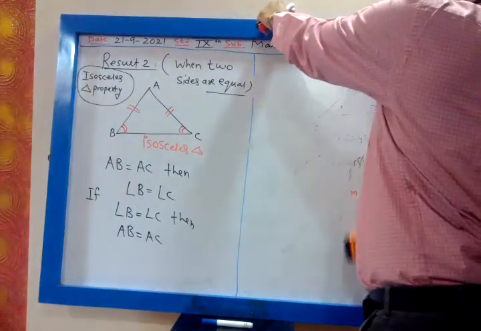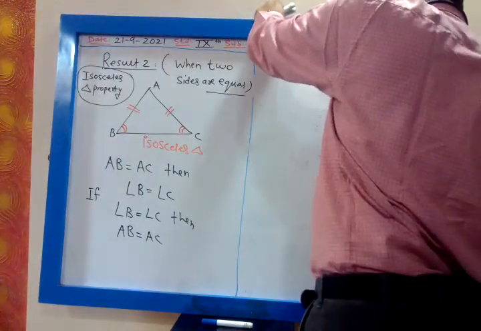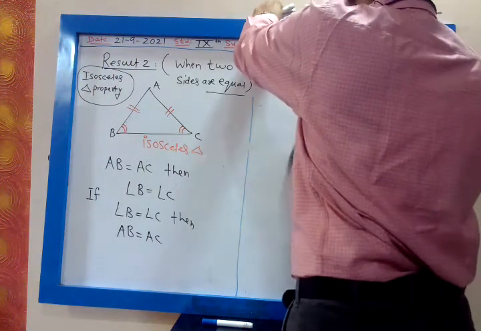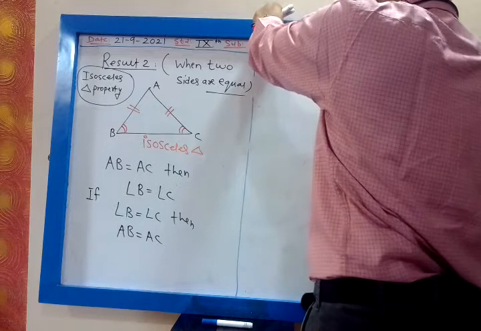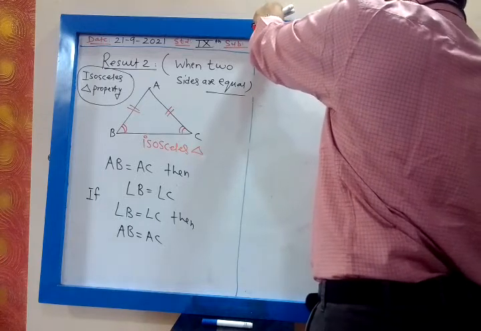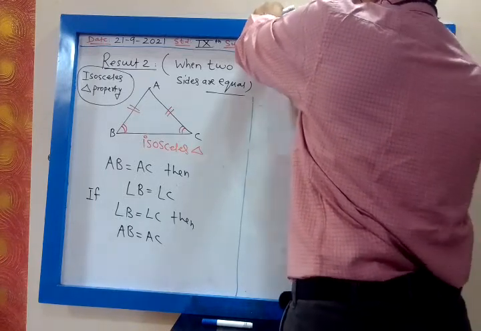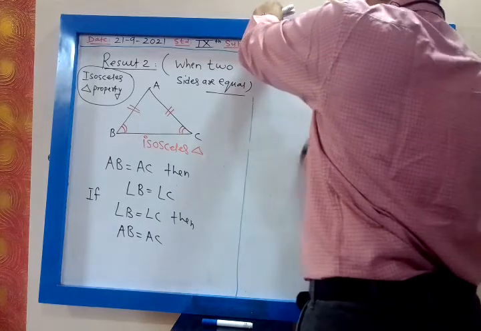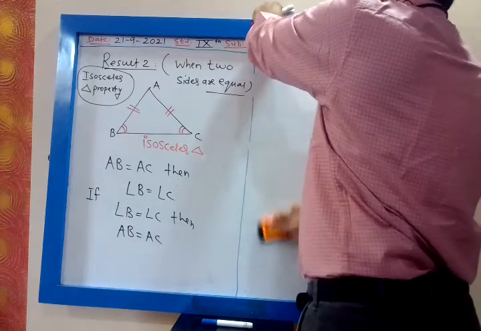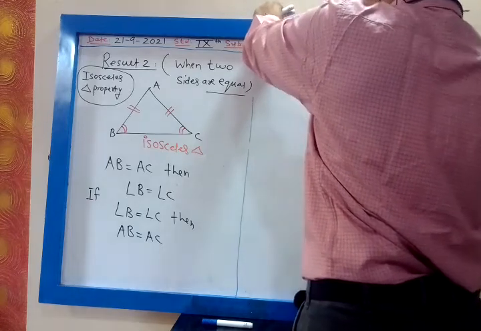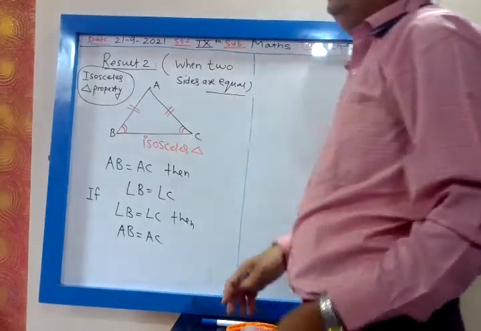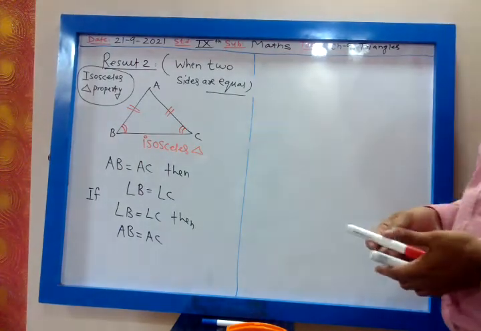If all three angles are different, all three sides are different, then whichever angle is bigger, that side will be bigger. Whenever two sides are equal, it is an isosceles triangle. For an isosceles triangle, whichever two sides are equal, their opposite angles are also equal. If opposite angles are equal, then opposite sides are also equal.